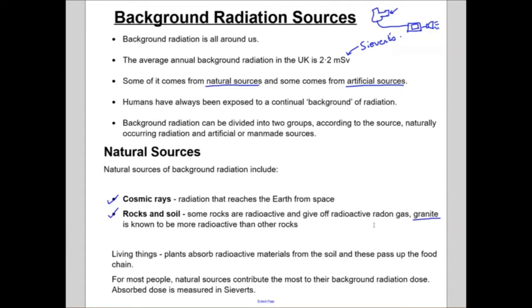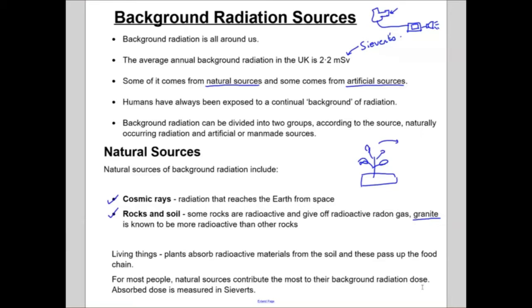So if your soil is radioactive, the plants will absorb those radioactive materials, and when the cattle eat it, that radioactive material will be passed on into the food chain. So for most people, natural sources contribute most of their background radiation dose.